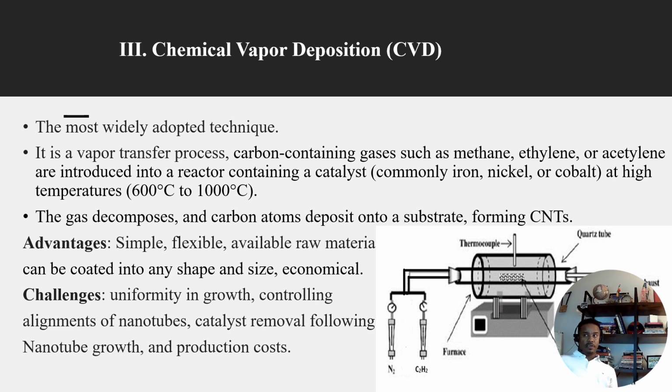We should note that various parameters such as catalyst type, gas flow rate, temperature, and pressure can significantly influence the growth process and properties of the resulting carbon nanotubes. Chemical vapor deposition has a lot of advantages. It is a relatively uncomplicated and flexible technology, which can accommodate many variations.